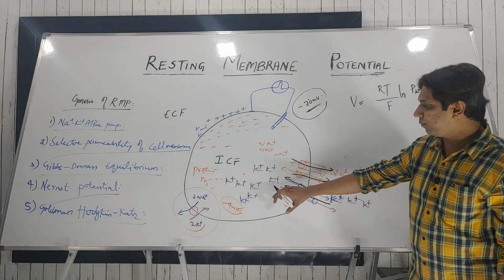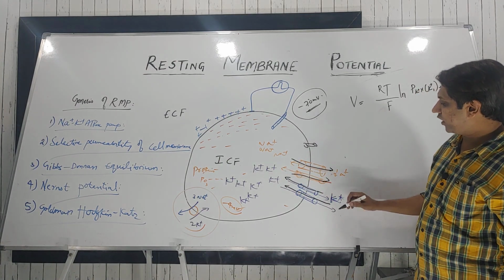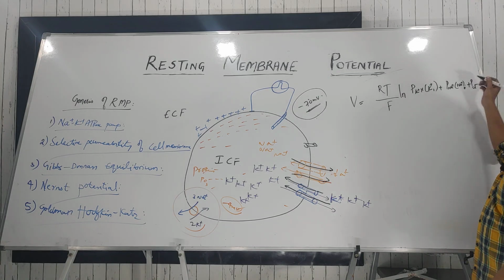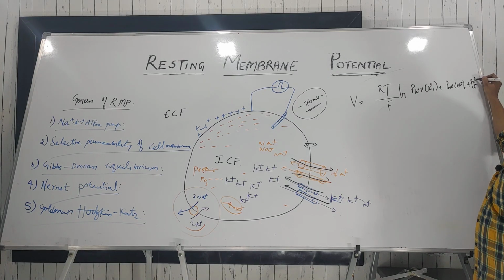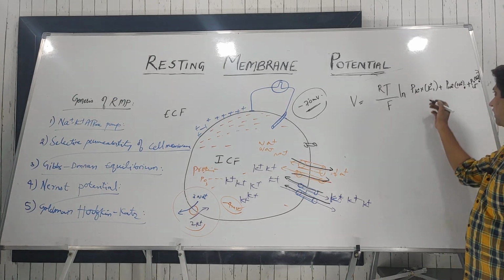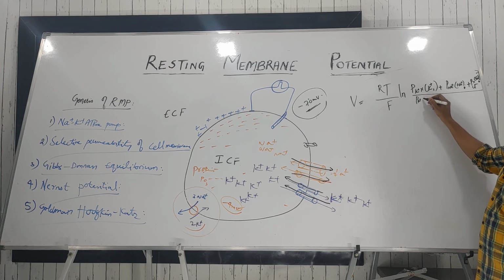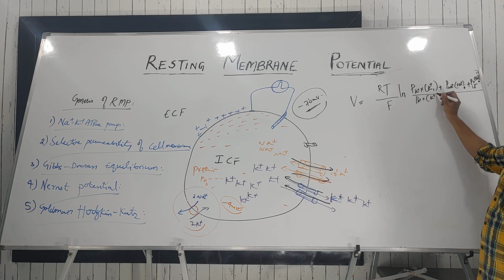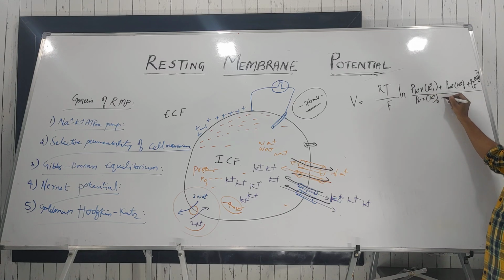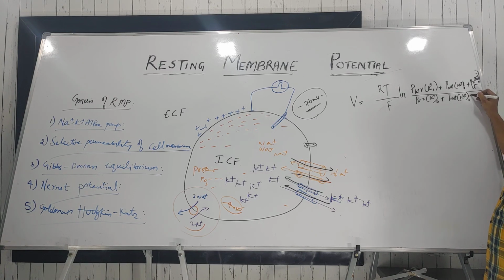For the resting membrane potential of a neuron, these three ion channels are more important: sodium, potassium and chloride. So the permeability of the chloride multiplied by the concentration of the chloride outside the cell, divided by the permeability of the potassium multiplied by the concentration of the potassium outside the cell, plus the permeability of the sodium multiplied by the concentration of the sodium outside the cell.